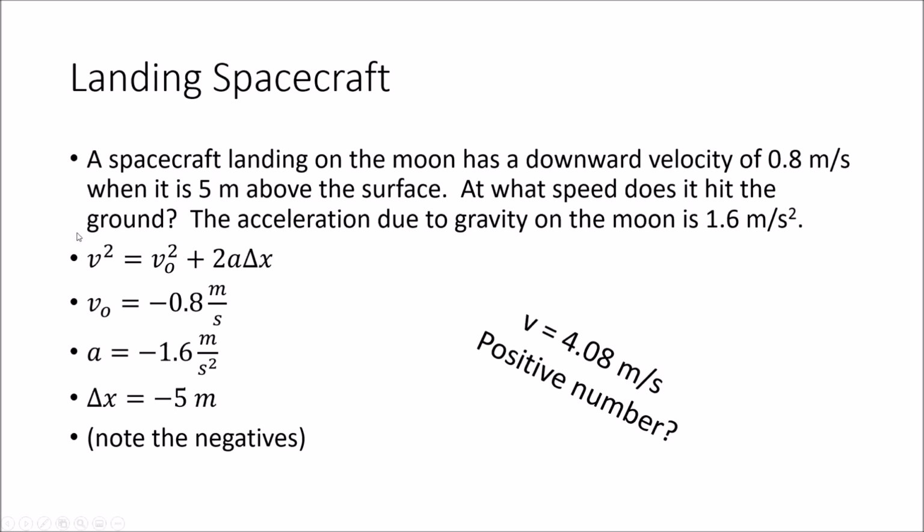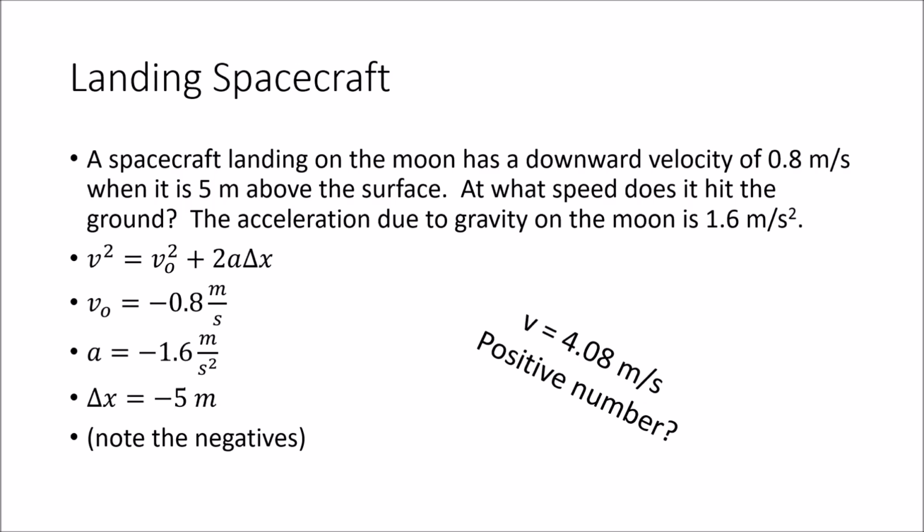Just ask your calculator. Note that I got a positive number. Really, I should be saying that this is a negative number because it's hitting the ground, except I do ask what speed does it hit the ground, and speed isn't a vector. Speed is a scalar. Positive and negative doesn't really matter as much. This is one of those cases that we all know what's going on.